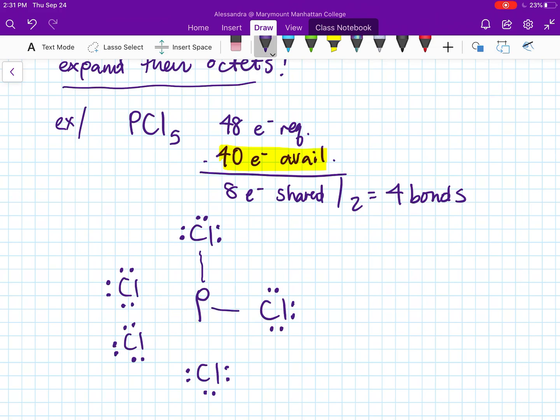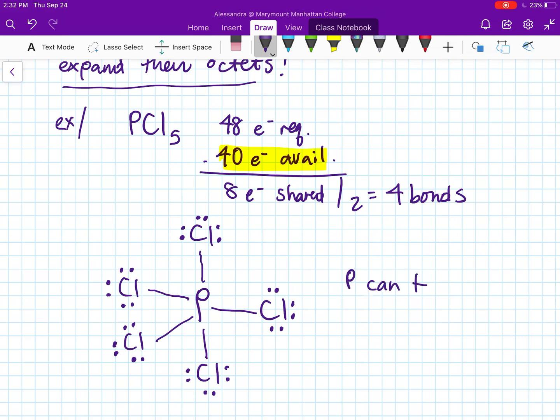I want to clean up my molecule a little bit so you can look at it. All right, here we go. If I count up all of the electrons, the 5 bonds make 10 electrons plus the 30 lone pair electrons around all the chlorines. That makes sense. So this is a stable molecule.